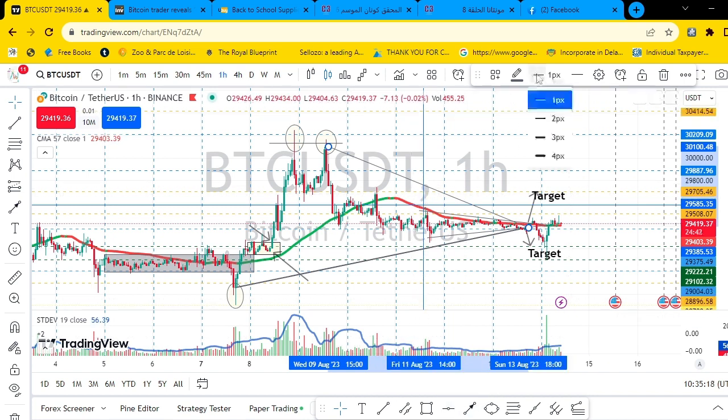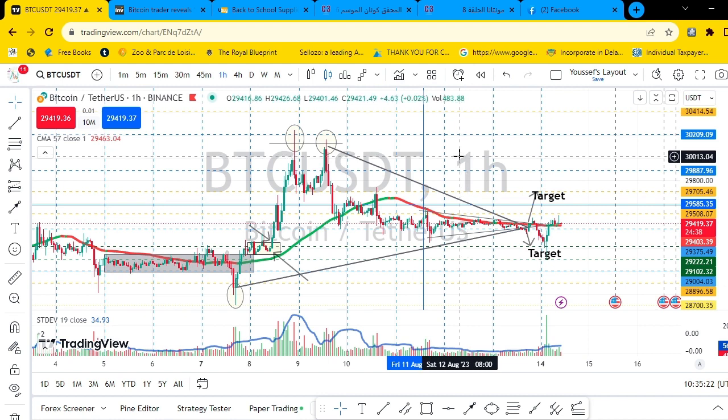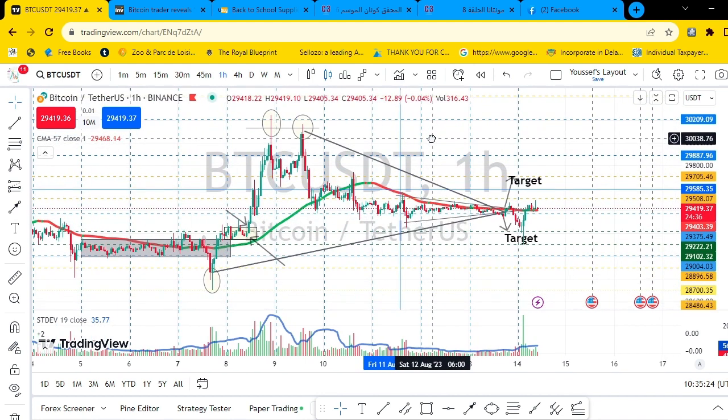So the price did exactly what I mentioned, but with a tricky move. I'm going to show you that later.